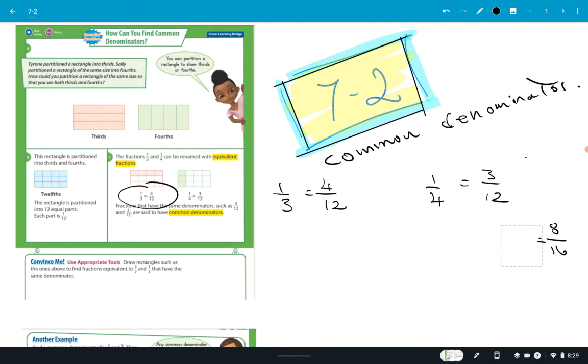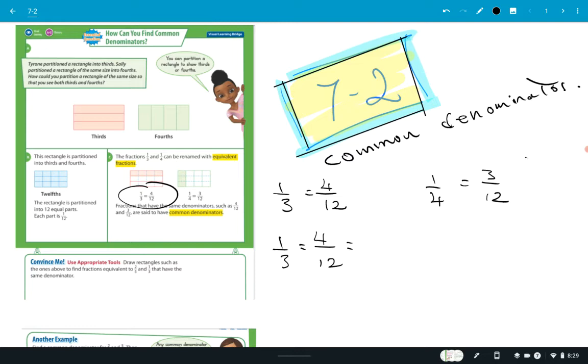Okay? So we started with 1/3 here, and they gave us an example of 4/12. Does somebody else give me an equivalent fraction to 1/3? Mr. Willard? No? Yeah.